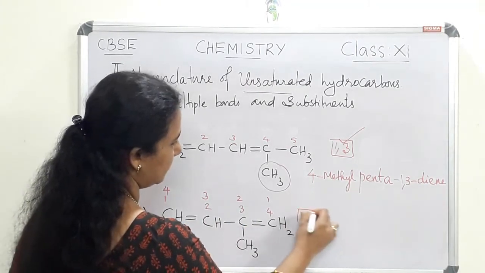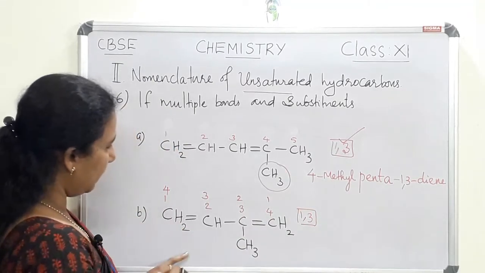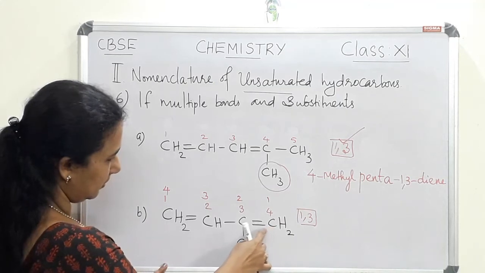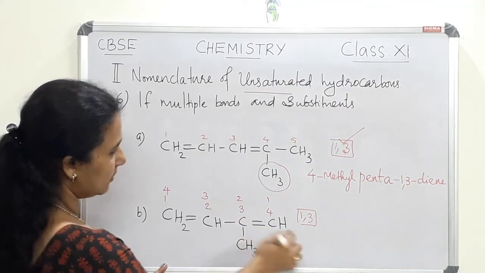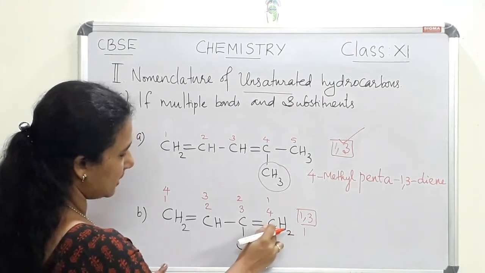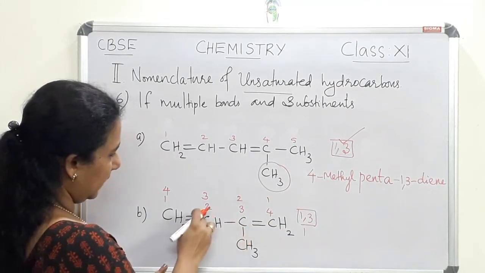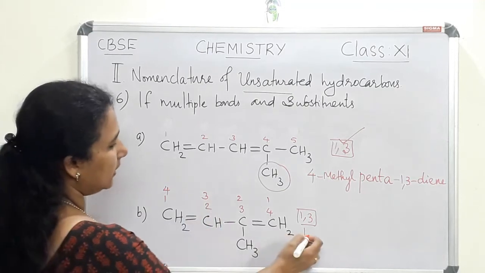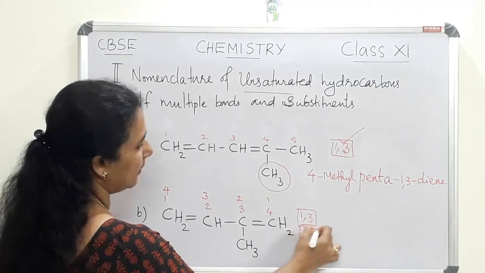This is one possibility. Then another possibility is if it is from right to left, in that case also there is a double bond at the first carbon, then comes the third carbon. So right to left, this third carbon is also a double bond.